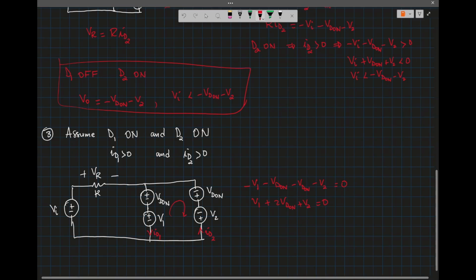Now the bias voltages V1 and V2 are positive voltages. So V1 is positive, V2 is positive, right? So that means the sum being equal to 0 is not possible. Not possible.